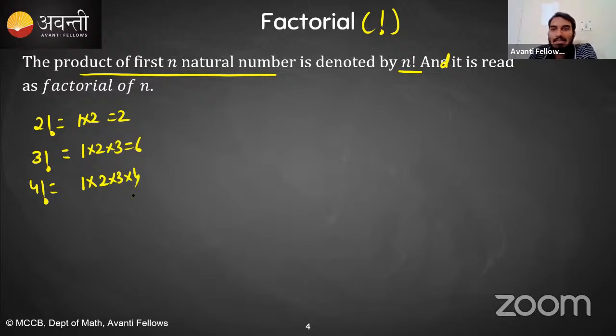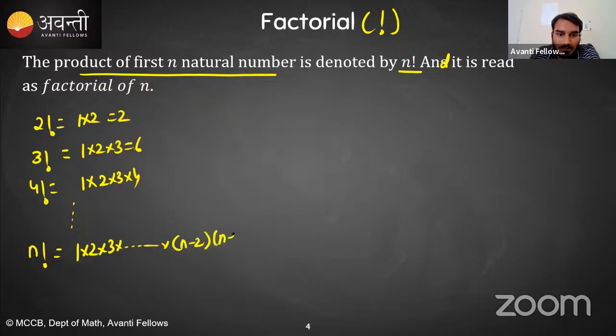If I ask you what is n factorial, then n factorial is nothing but the product of the first n natural numbers, that is 1 2 3 and so on, up to n minus 2, n minus 1, n.